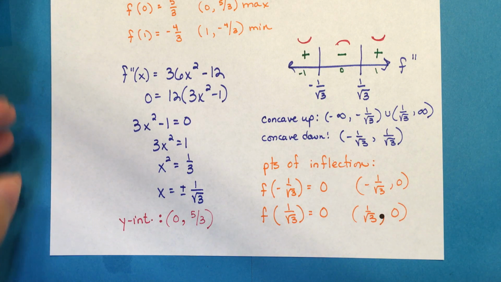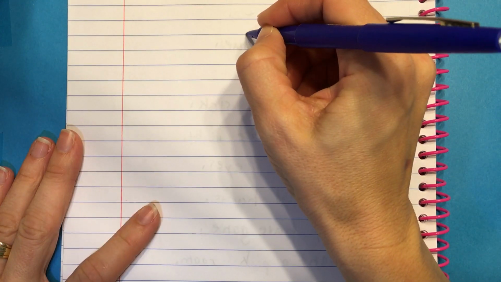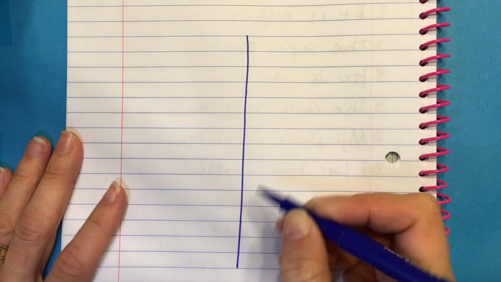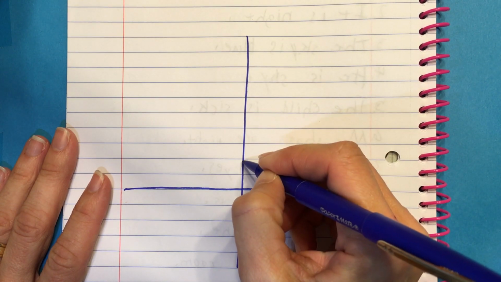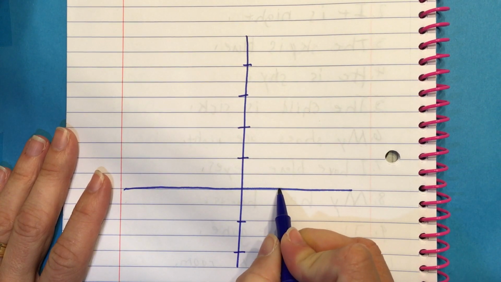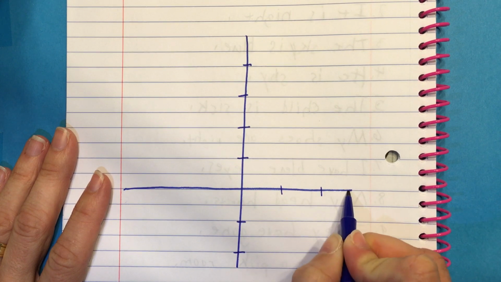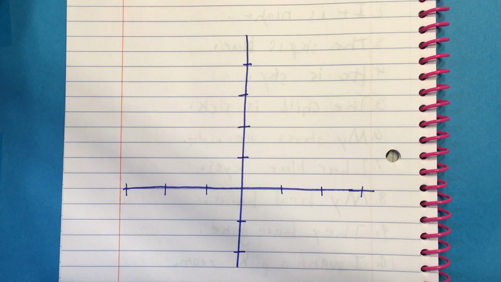Okay, so first of all, what you're going to want to do is actually plot all of these points that we have found. All right, so if you start plotting the points, first of all, let's say we had -1 and -4/3.